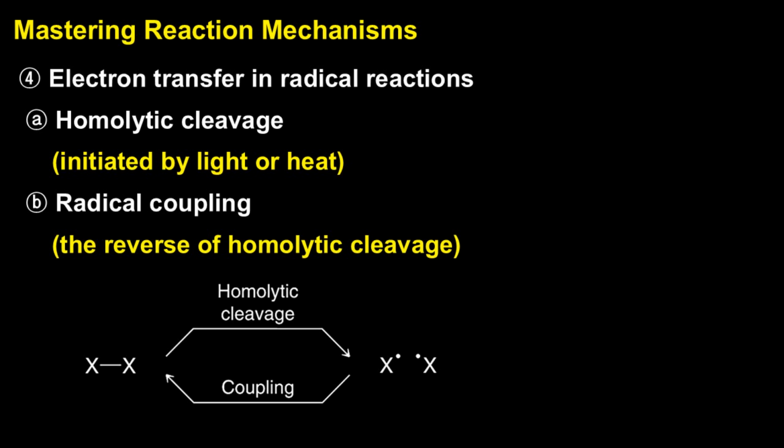Radicals are species with unpaired electrons, and they behave very differently from what we see in polar reactions. It all starts with homolytic cleavage. That's when a bond splits evenly, and each atom takes one electron from the bond. This kind of bond breaking is usually triggered by heat or light. Now, if you flip that around, you get radical coupling, where two radicals come together and form a new bond by sharing their unpaired electrons.